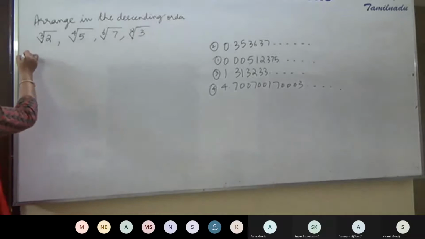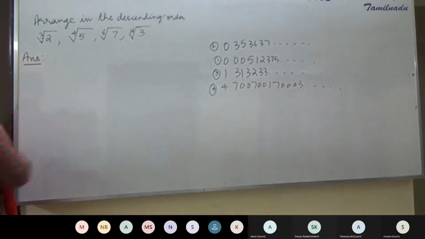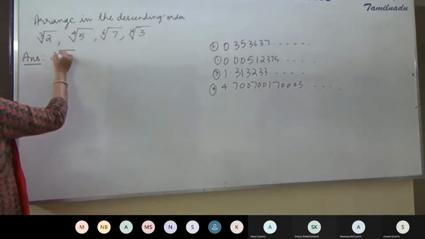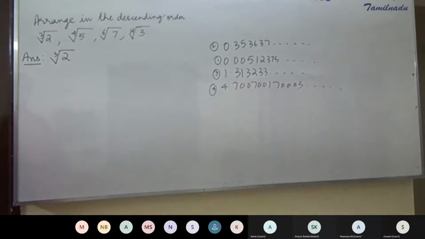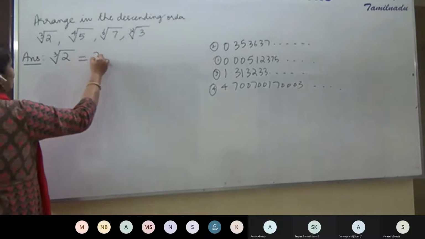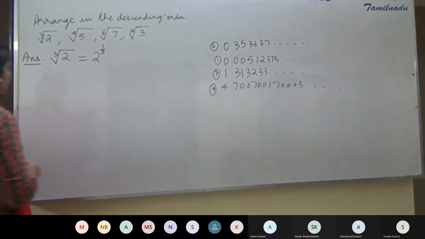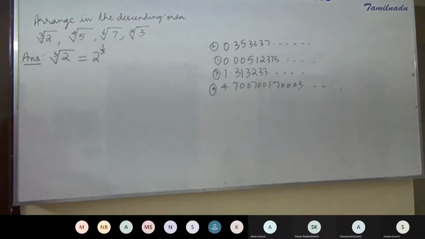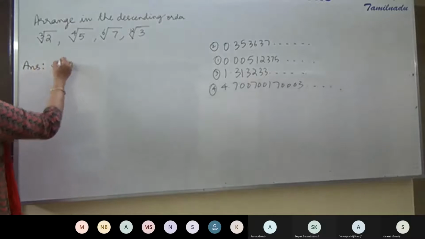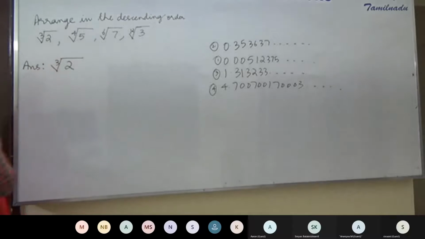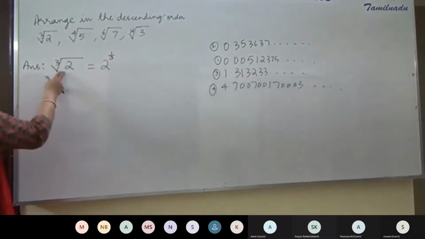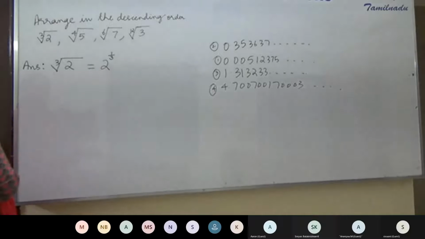Now, what is the procedure? Cube root of 2 is in radical form. Let's write it in exponential form like this. Please watch the board. Cube root of 2 can be written as 2 to the power 1 by 3. Radical form, exponential form.